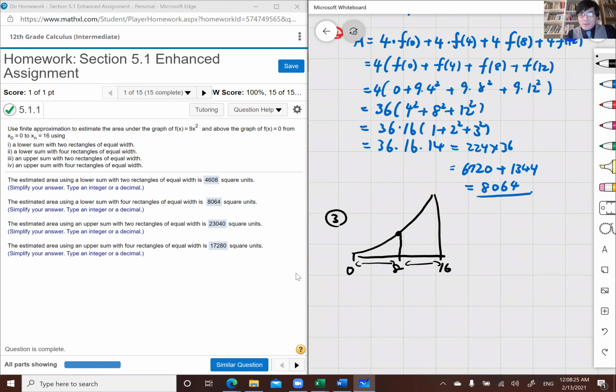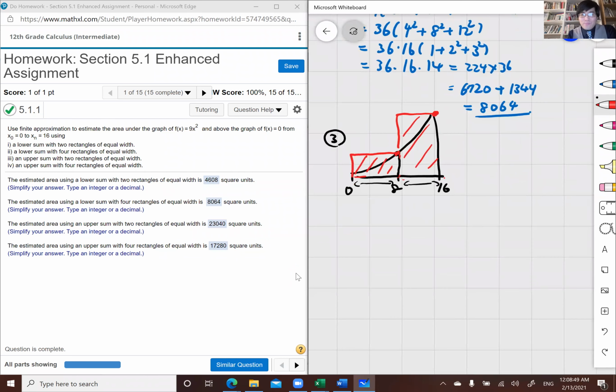For 0 through 8, you want to take the right end point for the height of the rectangle. And between 8 and 16, you want to take the right end point as well. When you have a function that is increasing in the interval, you want to pick the right end point for the upper sum and the left end point for the lower sum.